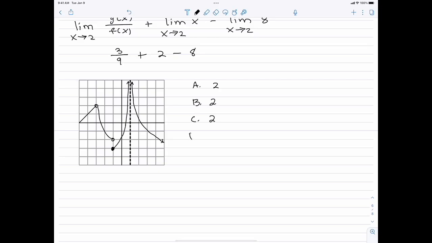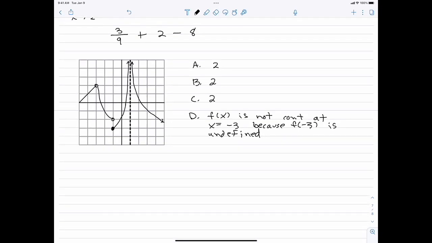I think you guys would agree, f of x is not continuous at x equals -3 because f of -3 is undefined, right? Just by going through the definition, I can see, oh, that's undefined. Okay, cool. Let's keep on going.